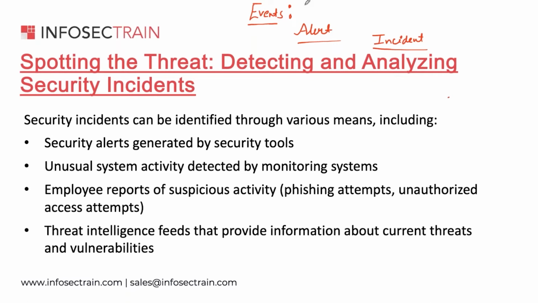For example: a successful login attempt, a failed login attempt, application crashes, antivirus software detecting suspicious activity, or a firewall log showing an unusual traffic pattern. Everything is an event. I open a file, I read through a file, I close a file, the system crashes, my application crashes. But an event does not mean that it is suspicious or anything. It is simply an event. Now the second thing is the alert.